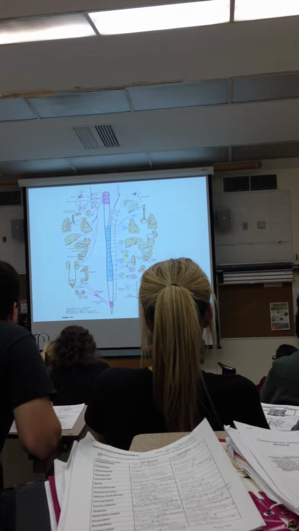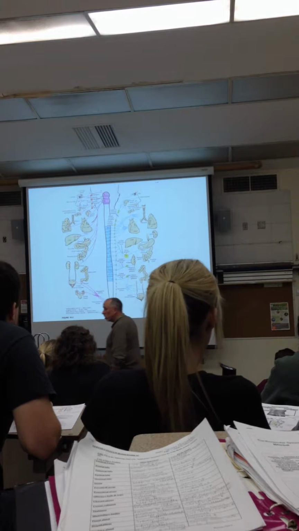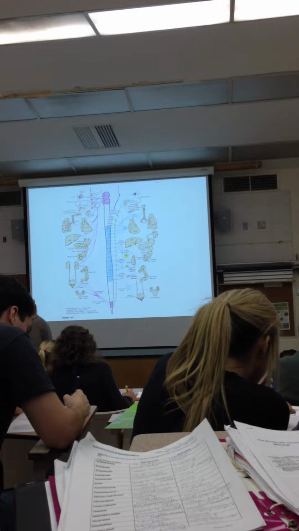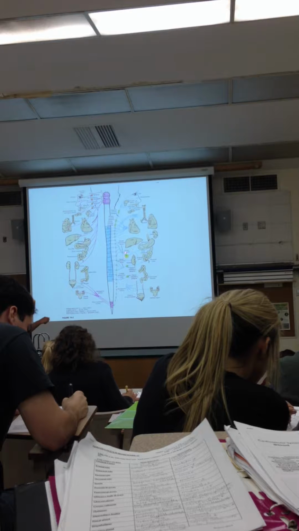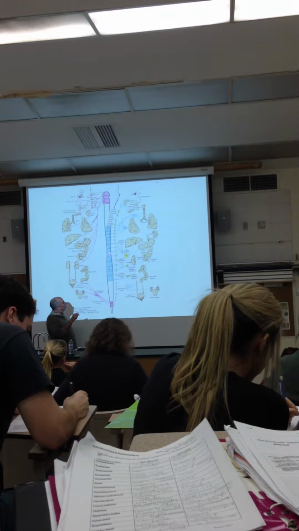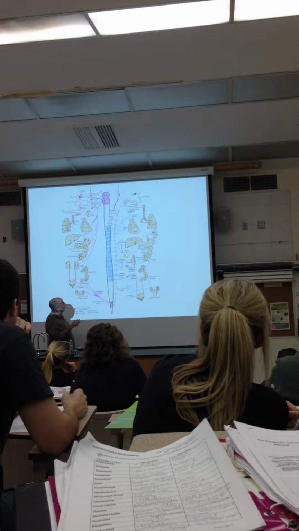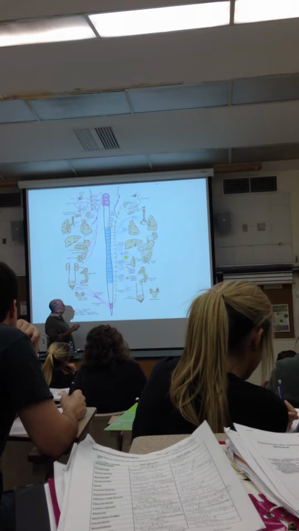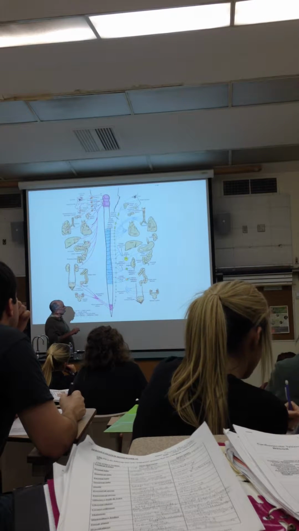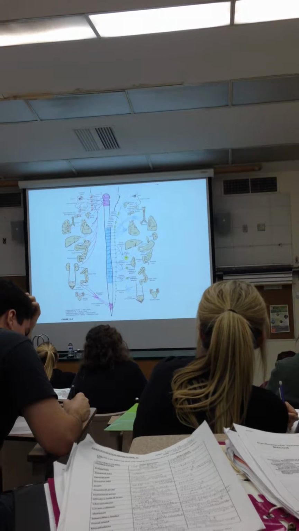Those are called collateral ganglions or pre-aortic ganglions. The nerves that go to them are called splanchnic nerves. This is the greater splanchnic nerve going to that ganglion, lesser splanchnic, lumbar splanchnic. So that's where you'll hear this word splanchnic nerves.